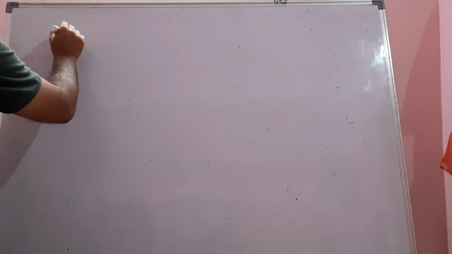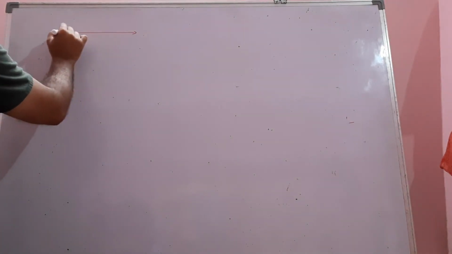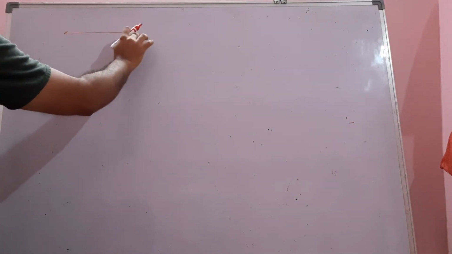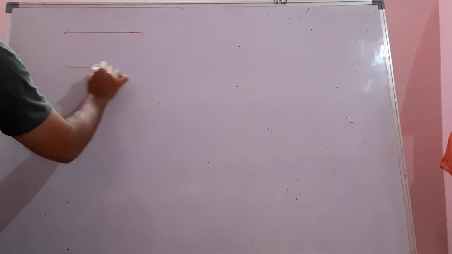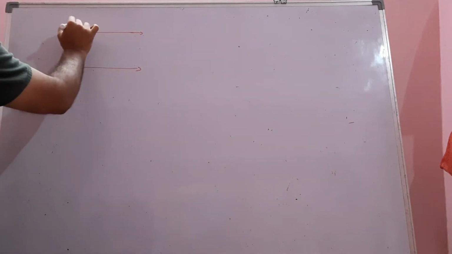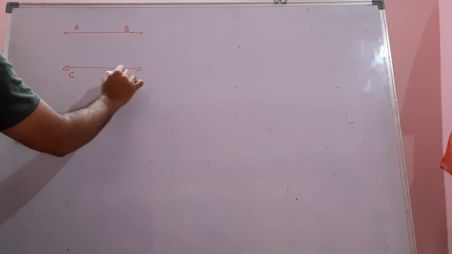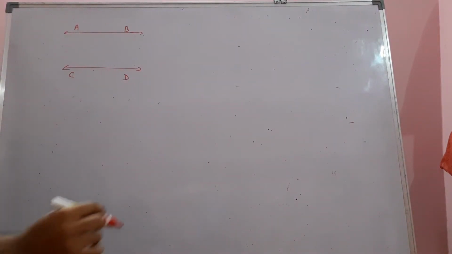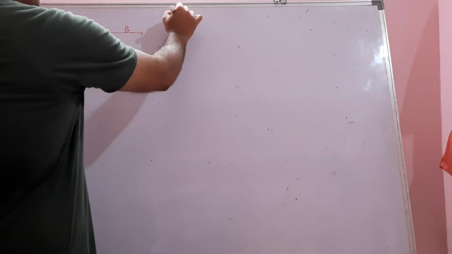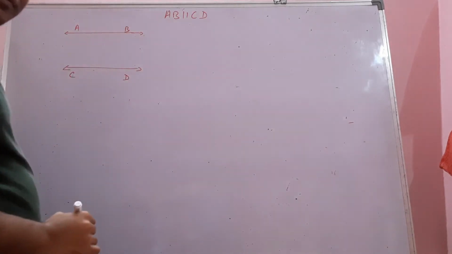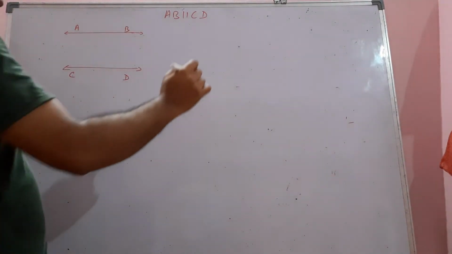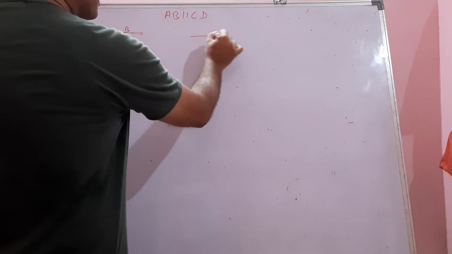Okay, so suppose I have this one. I have AB and CD parallel. AB parallel CD, but they are like that.